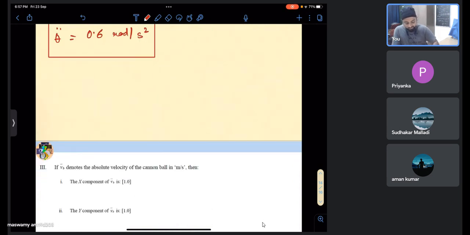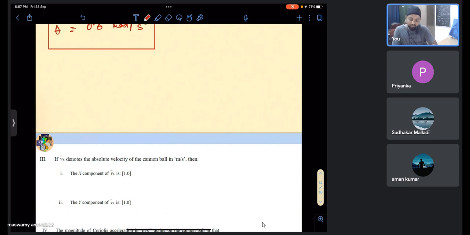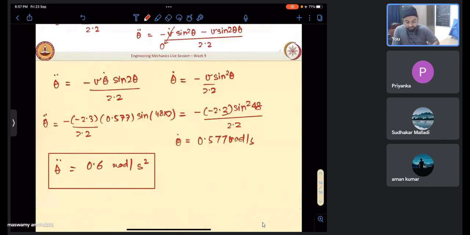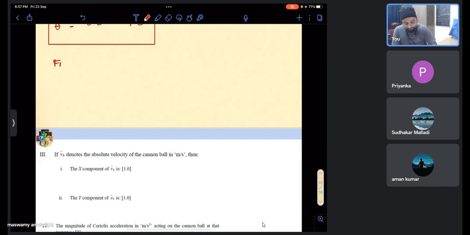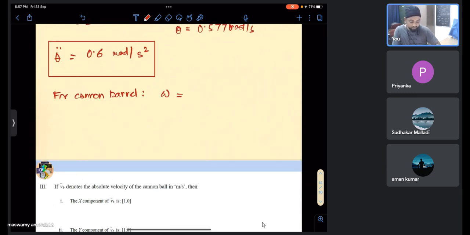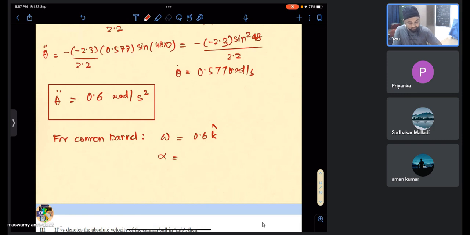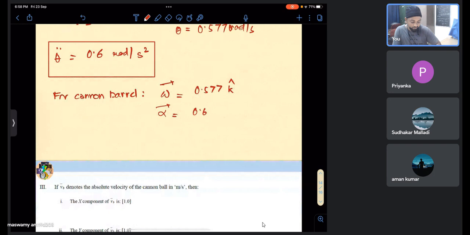So let us write that for this cannon barrel, omega is nothing but our theta dot, which is 0.577 k cap, and alpha is 0.6 k cap.